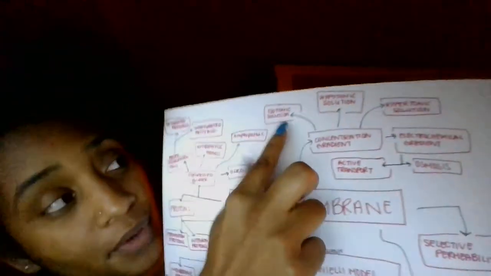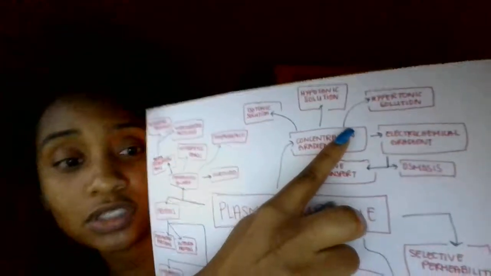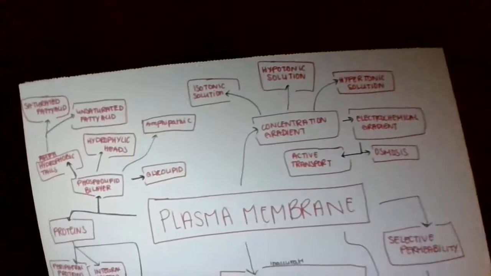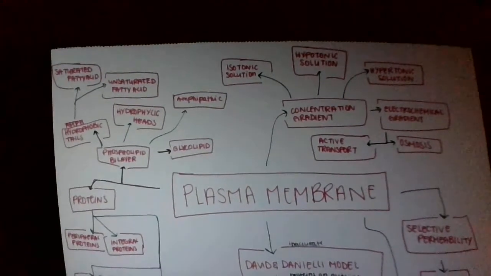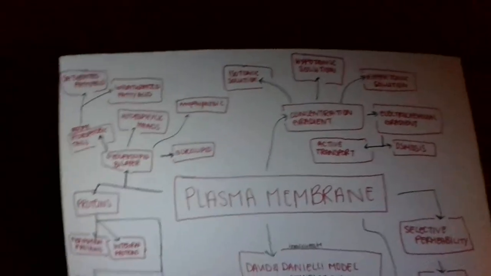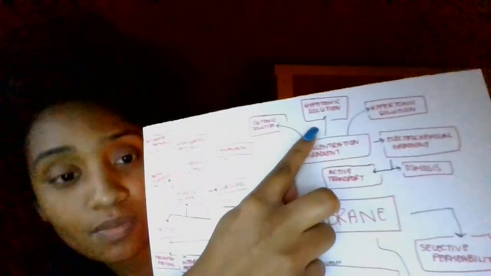I don't know if you can see it, but there's isotonic solution, hypotonic, and hypertonic solutions. Isotonic is when the environment has equal amounts of solute. Hypo means less, and hyper means more.